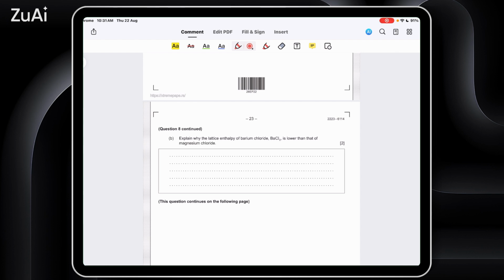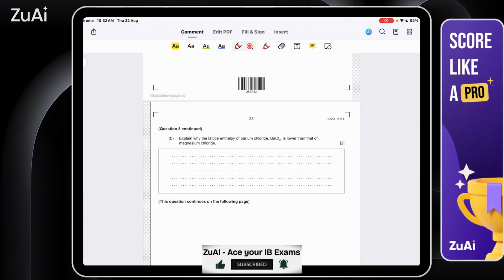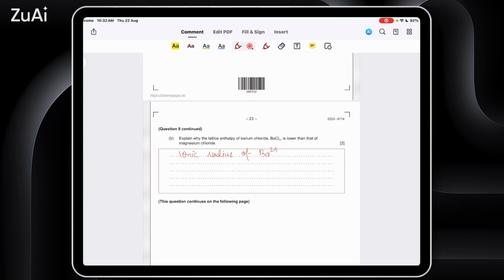That's so easy. Why is the lattice enthalpy of barium chloride lower than that of magnesium chloride? Because barium size is greater. So ionic radius of barium is greater than magnesium ion. And you know what? When the radius is going to increase, the attraction, the lattice enthalpy is going to decrease.